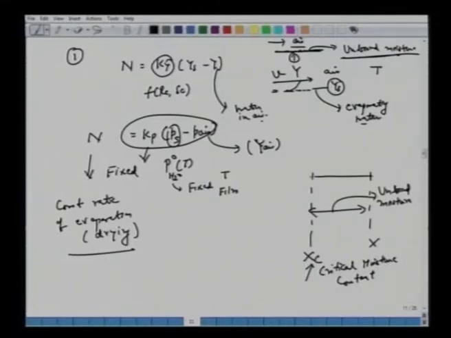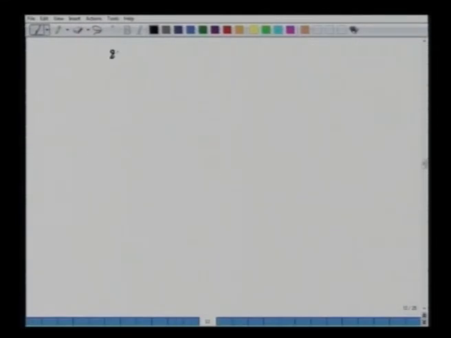Now we are talking of the second level, where we start decreasing below Xc. So now X is less than Xc. What happens here? Now on the solid surface there are dry patches.